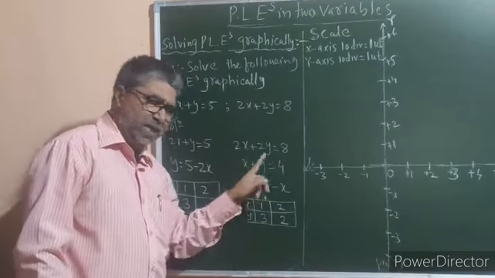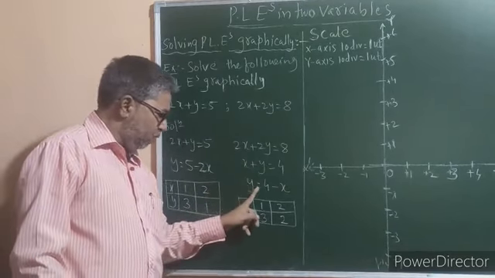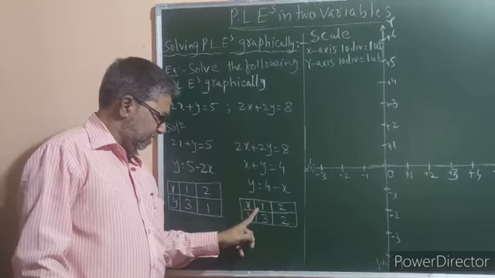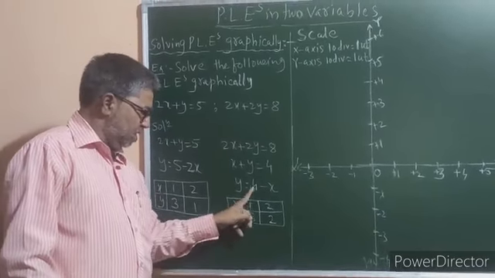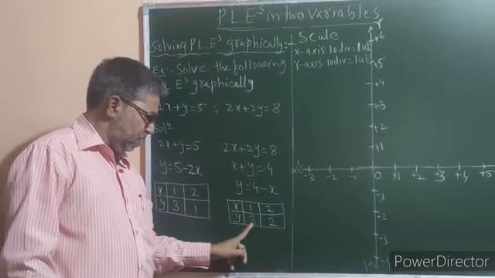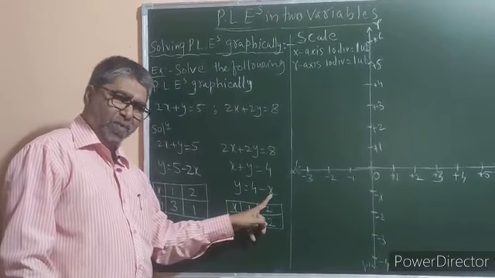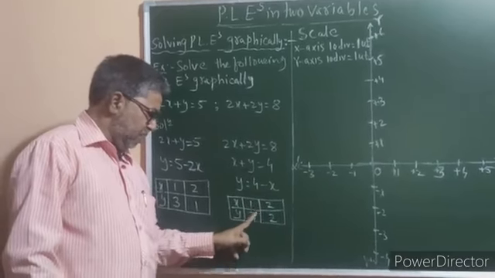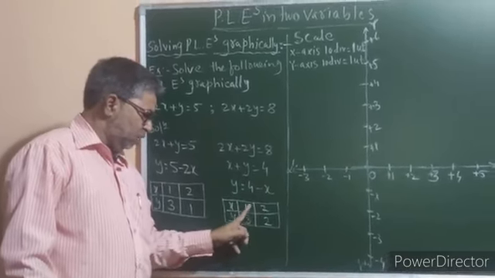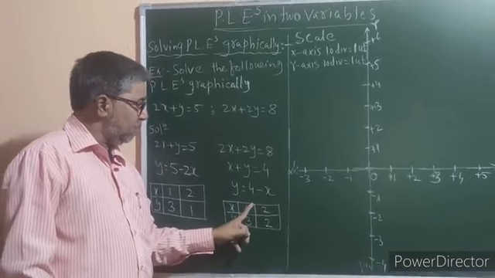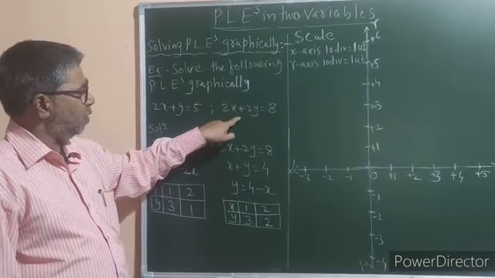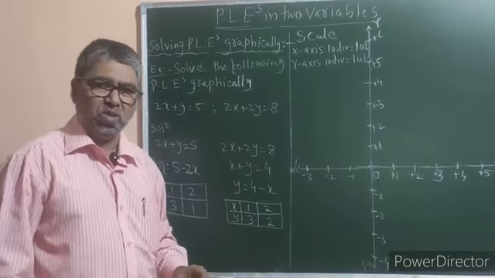Now x plus y is equal to 4, then y will be equal to 4 minus x. Okay, let us consider the value of x as 1. So 4 minus 1 will be 3, and if you take the value of x as 2, 4 minus 2 will be 2. (1, 3) and (2, 2) are the two ordered pairs for the values of x and y in this particular equation, 2x plus 2y is equal to 8.